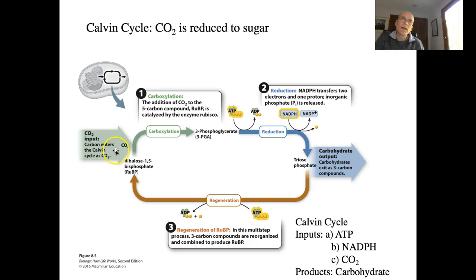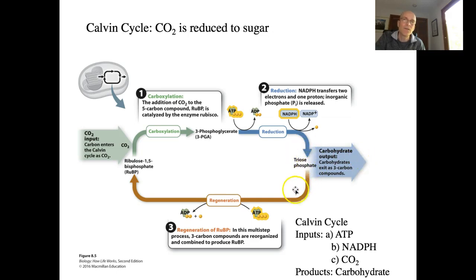So if you start with 1 carbon here, and you have 5 carbons here, now you have 6, and then it breaks into 2 times 3. And then out of these 2 times 3 carbons, eventually one of those 3 carbon molecules is extracted, fused with another 3 carbon molecule to have a 6 carbon molecule.